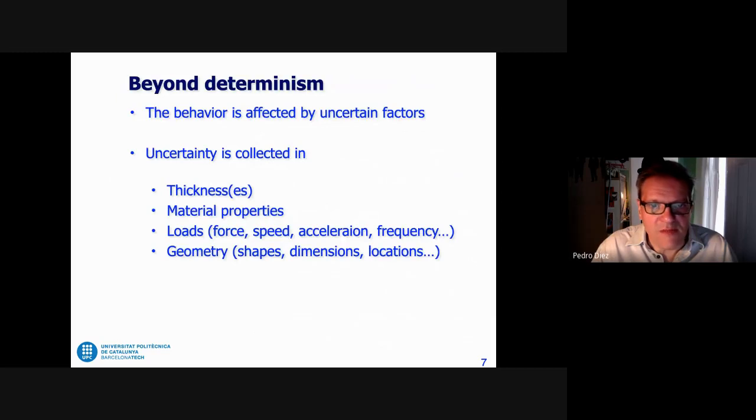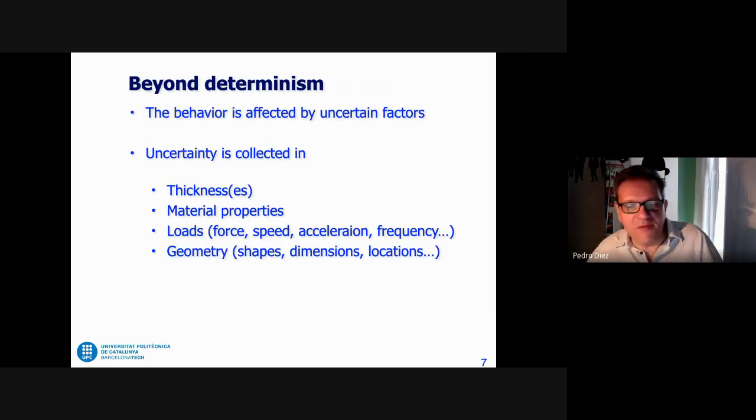The idea is that many uncertain factors affect the behavior and the response of our device, and most typically uncertainty in these cases of automotion mechanical problems is collected in the thicknesses, so we are not sure about the nominal thickness of the different plates, in the material properties, for example, I just showed, in the loads, so not only the force, but also the speed of application of the force, the acceleration, the frequency, and then the geometry as well. Not only because the shapes may be different, but also the dimensions and the location, for instance, of the loads.